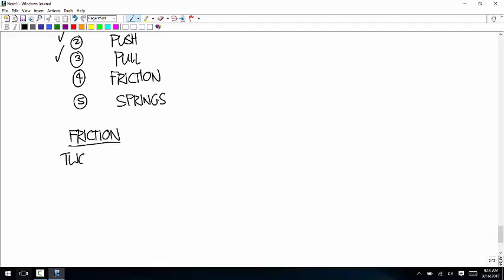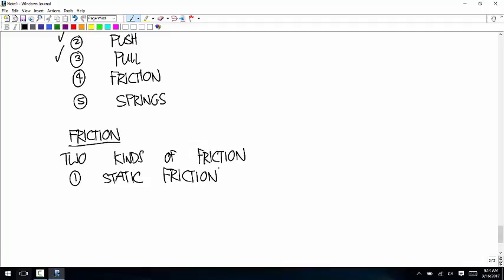So there are two kinds of friction. Static friction, when an object is at rest, and kinetic friction when an object is moving.